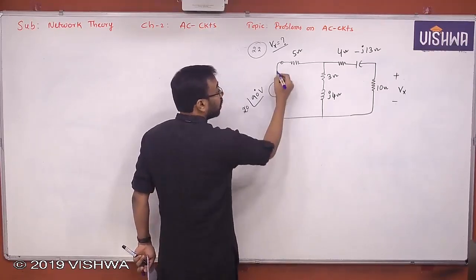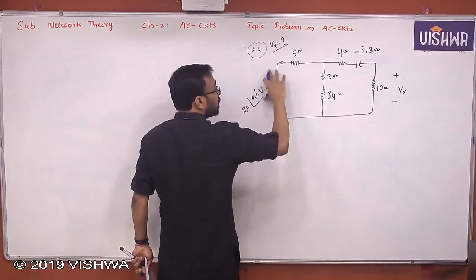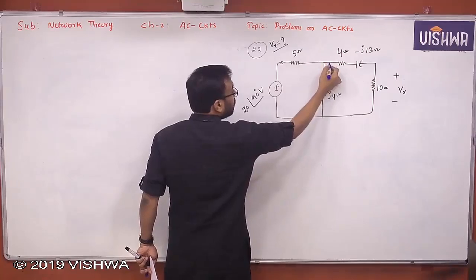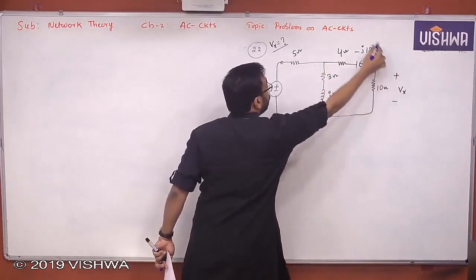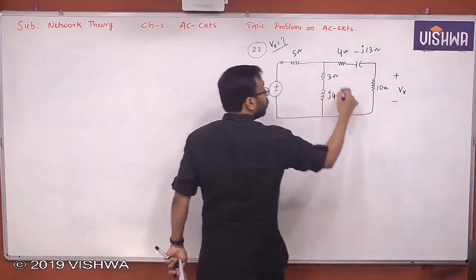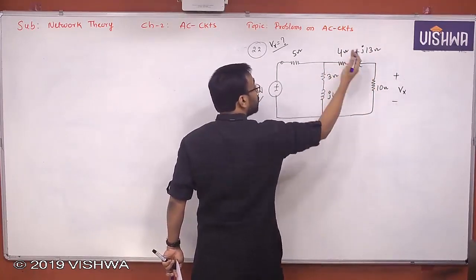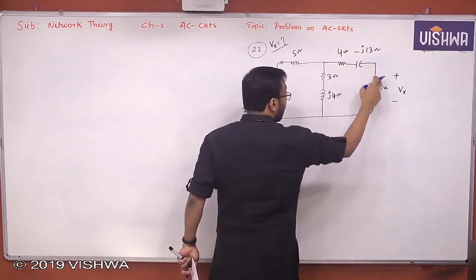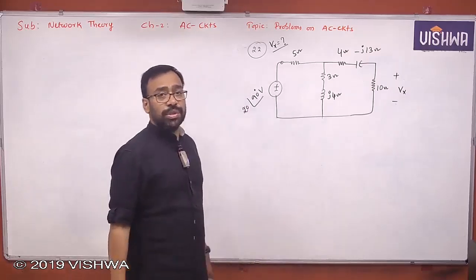You can find the total current I. Total current is nothing but total voltage by total impedance. And this current is divided again into two parts. This is Z1 completely, this is Z2 completely. So current through Z2 is nothing but Z1 by Z1 plus Z2 into the total current. And once you get that current, multiplying by this 10 ohm will give you Vx. This is usually the procedure.